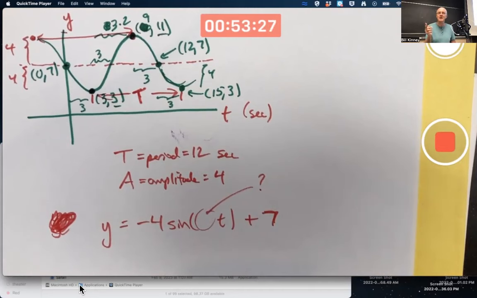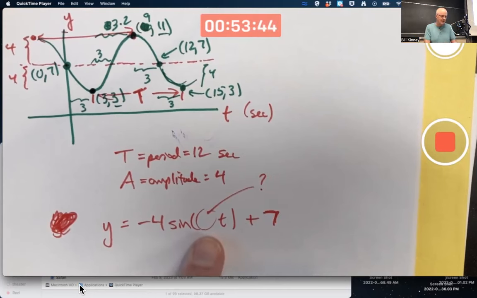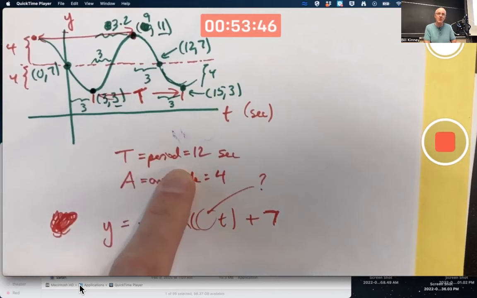The sine and cosine graphs that I originally drew based on the unit circle had periods, wavelengths, of 2 pi, because that's how far it took to go around the unit circle. Here, the period is 12.